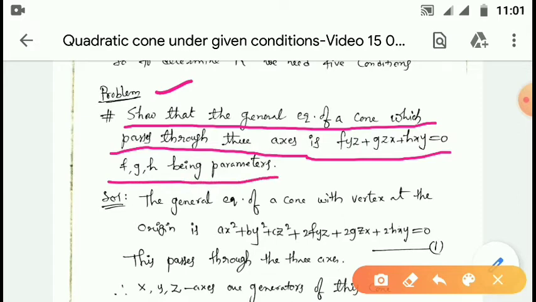So you can see what we have to do here. We have to find the general equation of a cone with vertex at origin and which passes through the x, y, z axes. We show that this equation is fyz plus gzx plus hxy is equal to 0.